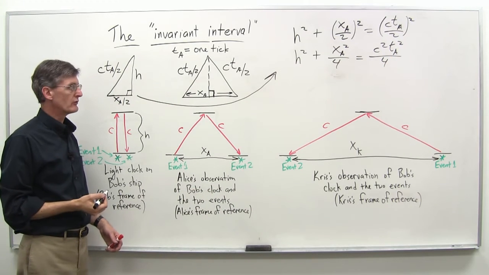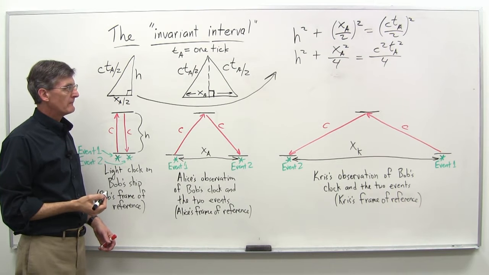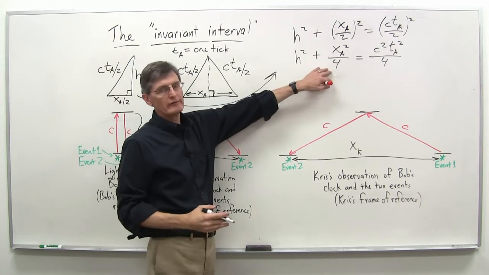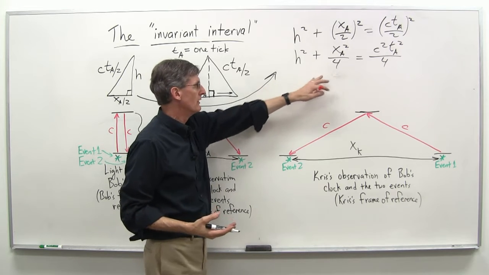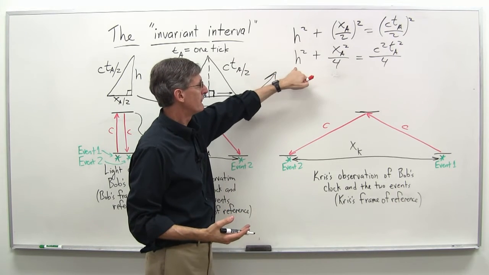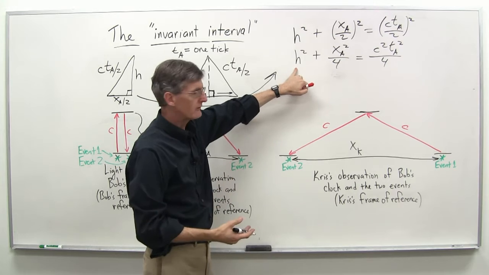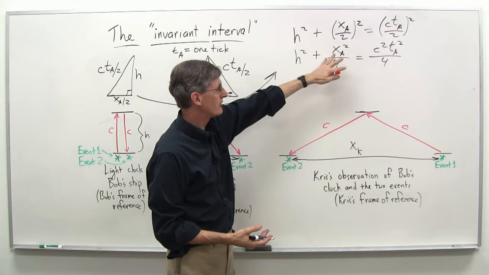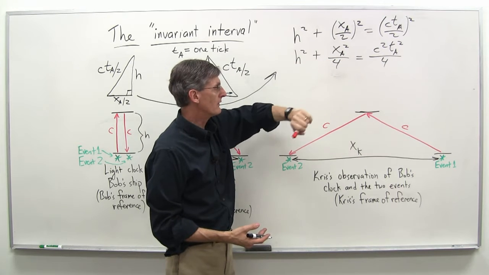Just squaring each of those terms. And then let's just multiply through by 4. I'd like to get rid of these 4s in the denominator, just clean it up a little bit. So multiply everything by 4. If I do it on both sides, of course, it's legitimate. 4h squared, and then plus 4 times that just gives me the xa squared, and I get rid of that one as well.